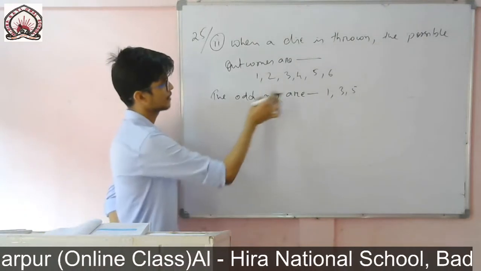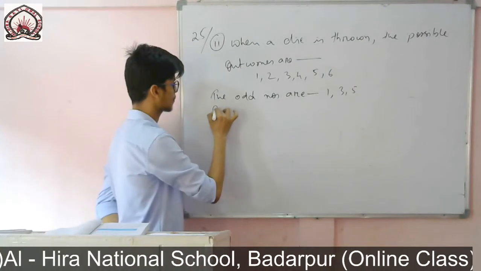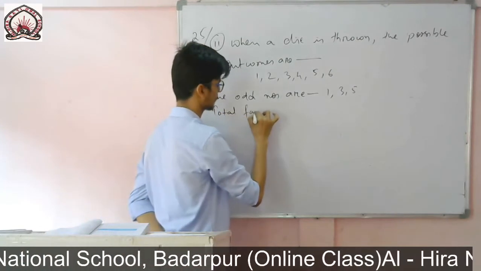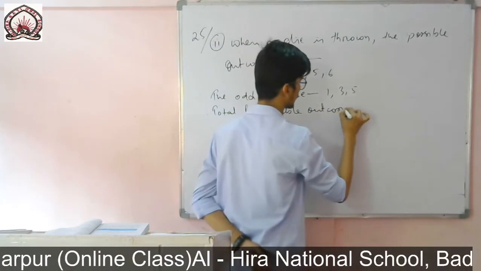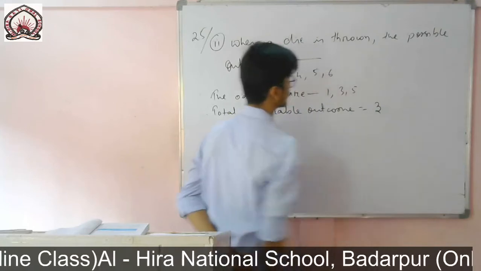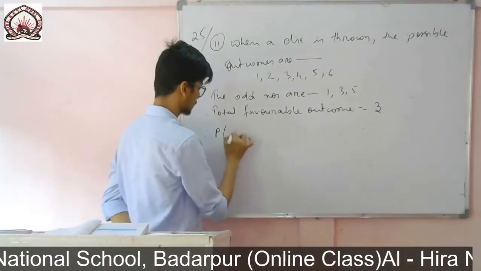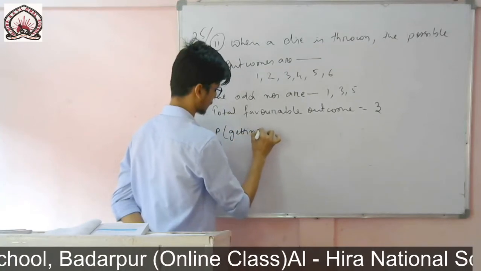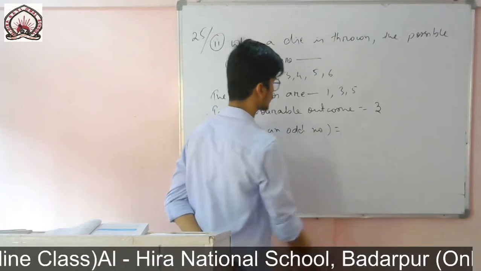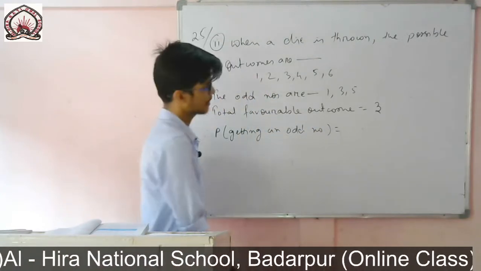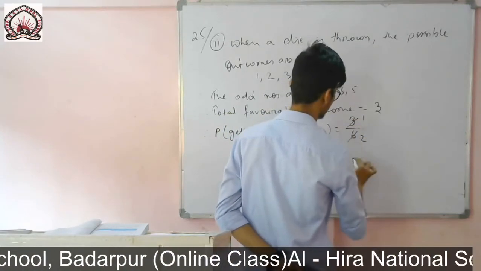How many odd numbers are there? 3. So the total favorable outcomes is equal to 3. So the probability of getting an odd number is equal to 3 by 6, which is equal to 1 by 2.